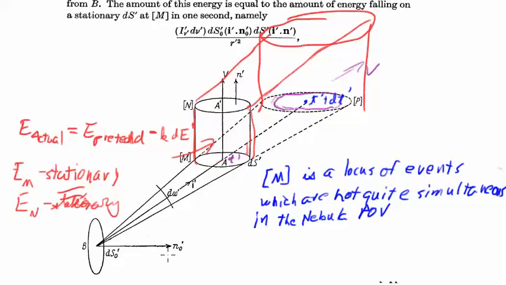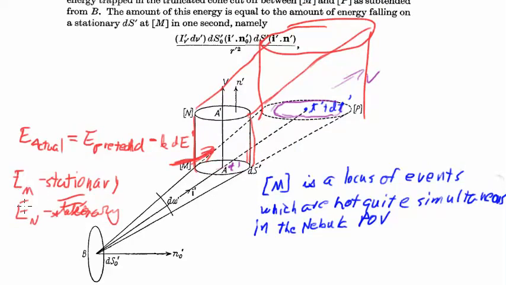And we're saying that E pretend minus E actual is greater than E sub m minus E sub n.